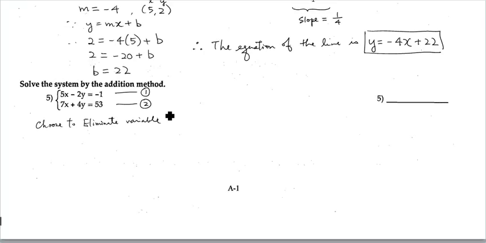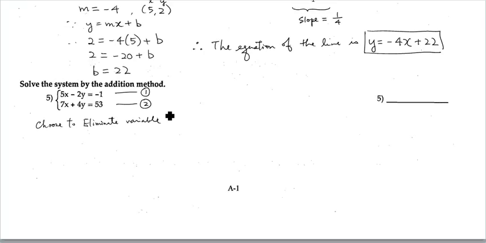Think about the LCM. 5 and 7. What would be the LCM? 35. So in order for me to achieve that goal, I make 5 times 7. And I also need to multiply the 7 by negative 5. But how about the LCM for the coefficients of y? 2 and 4.